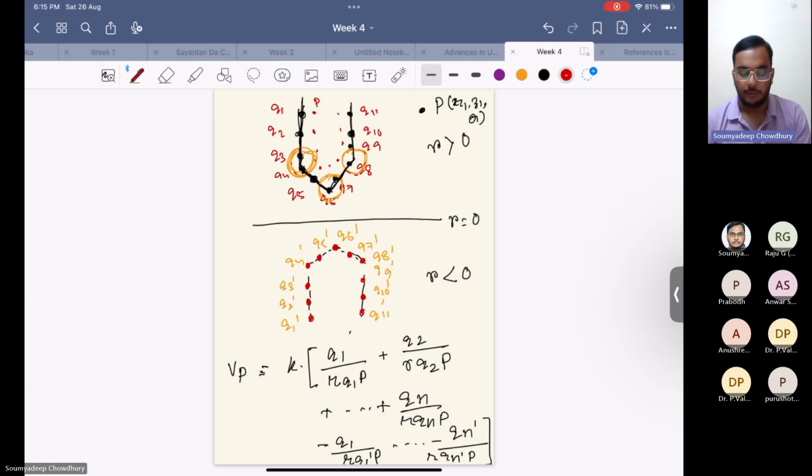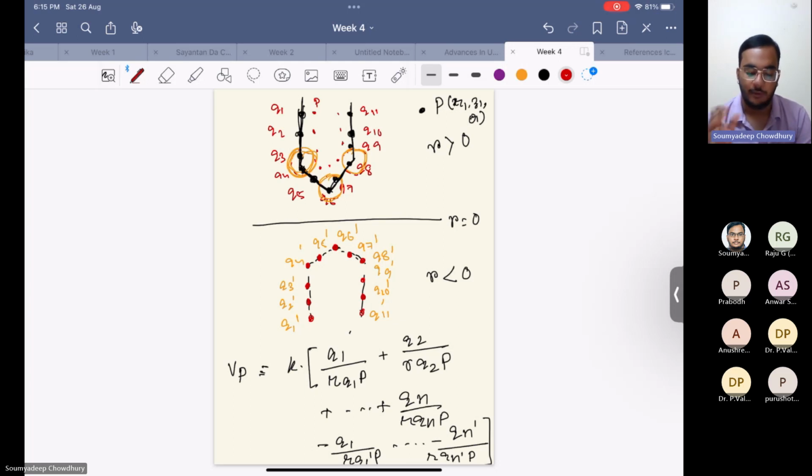This is a point charge, and we know the expression for the electric potential of a point charge. It is basically 1 by 4 pi epsilon naught Q by R, right? So using the basic theory for point charges, we are trying to find out the potential using the superposition theorem. And we know the potential at P, that is the applied potential. Like this, we can find out the potentials for all the different contour points.